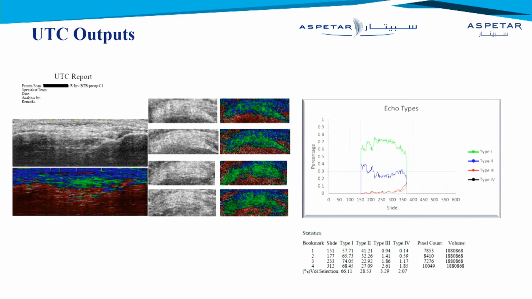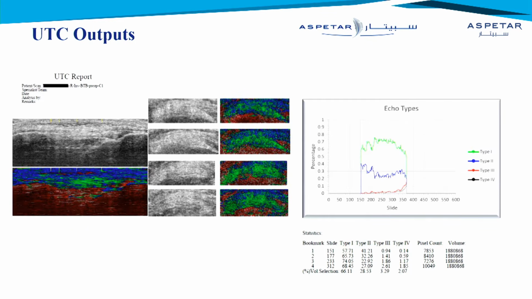So here comes the report. In the report, you will see every single yellow bar placement that you can determine, to see which area you are interested in and see the proportion of echotypes. On the left, you will have the sagittal view of the tendon, and then the 4 images that the examiner selected to put on the report. And then the graph at the end gives you the proportion of the 4 echotypes.